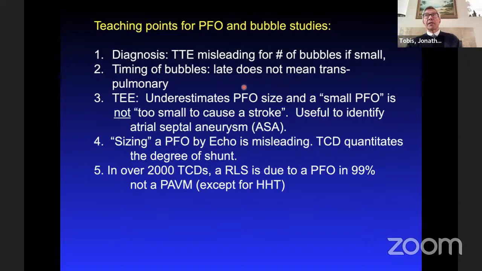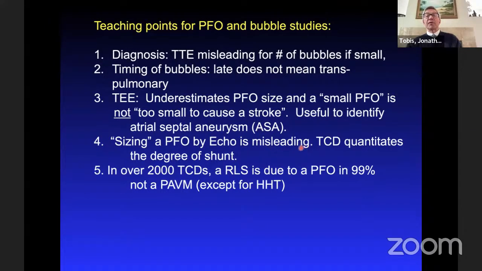TTE often gets the report that this was a small PFO. We've done a study comparing measuring PFO size at the time of heart cath with balloon sizing versus TEE or ICE, and TEE completely underestimates the degree or the size of the PFO. So TEE is useful for identifying atrial septal aneurysm, but doesn't tell you the degree of shunt or the size of the PFO.